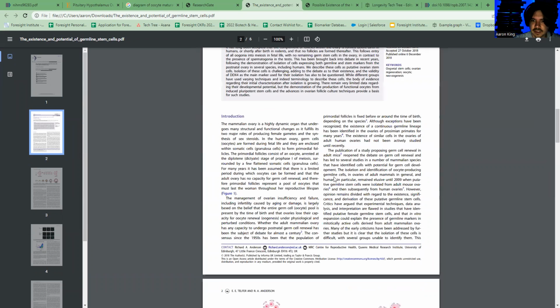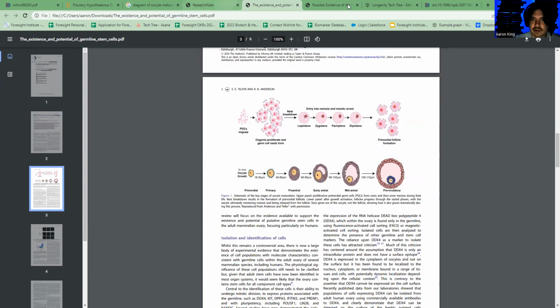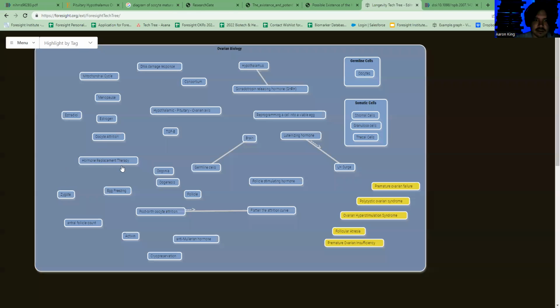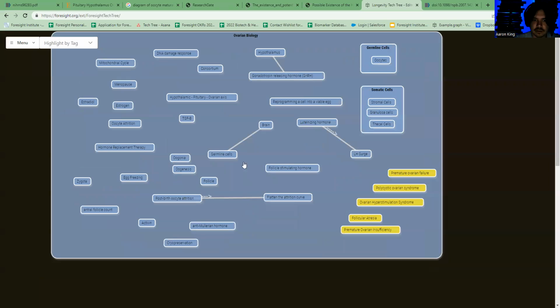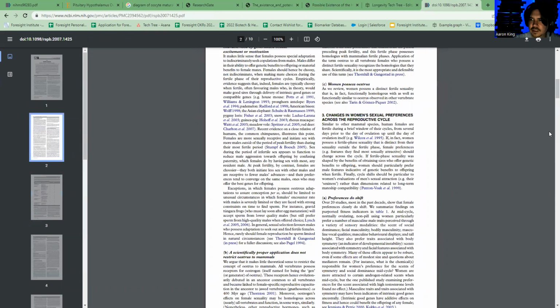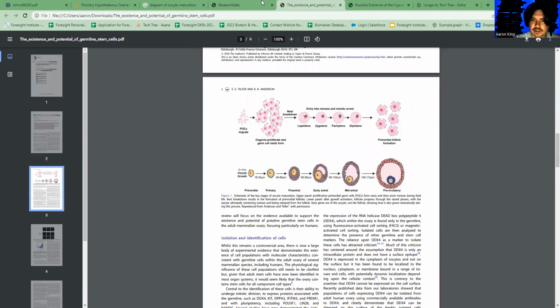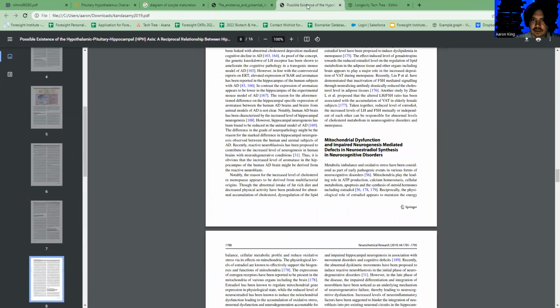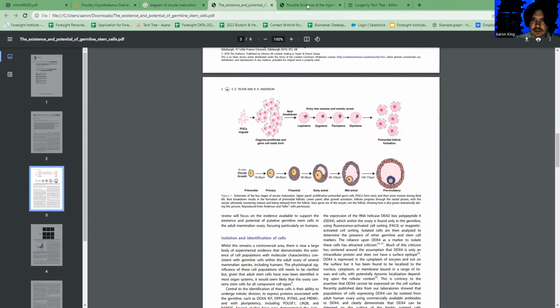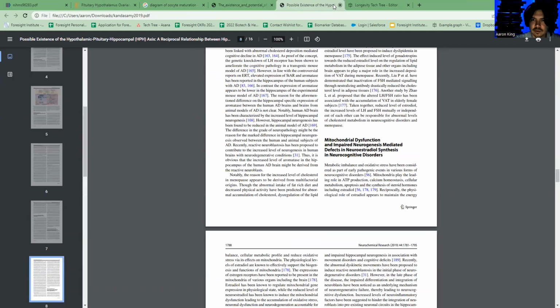So we'll see. Okay, this diagram is good. We've got that one already.